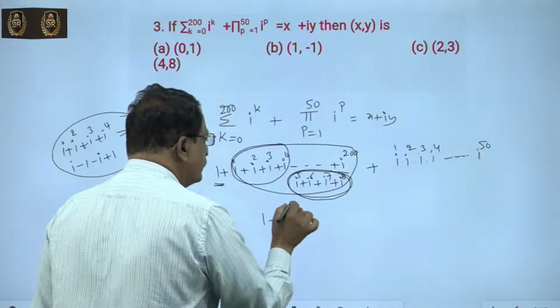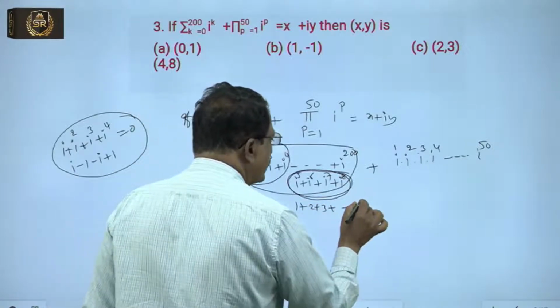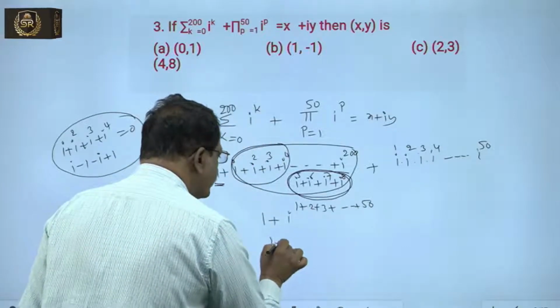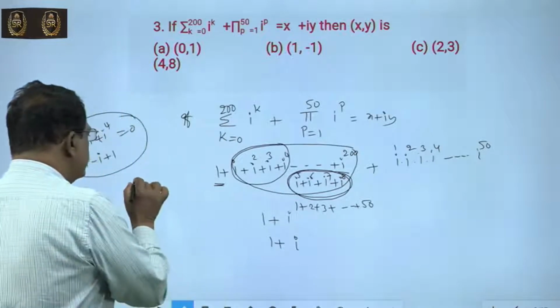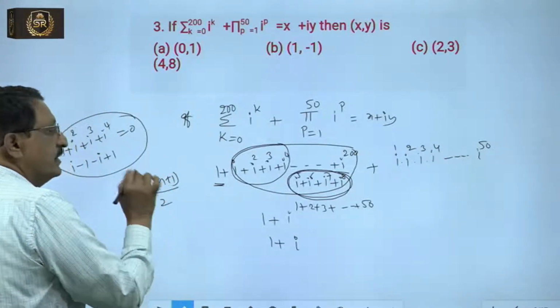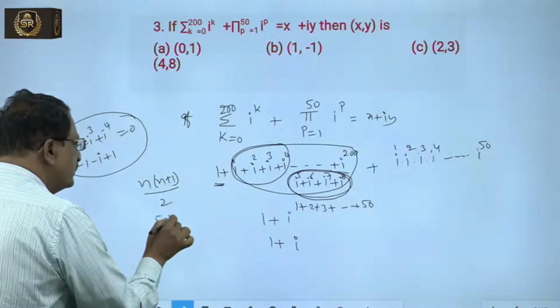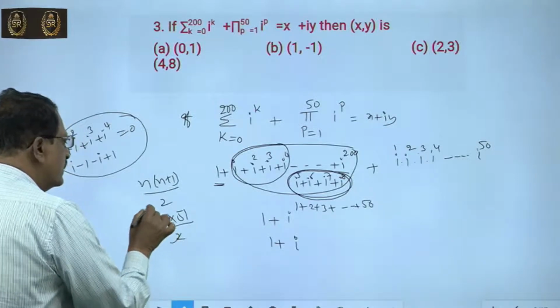That equals i to the power of 1 plus 2 plus 3 plus so on up to 50. Now the sum of the first n natural numbers equals n into n plus 1 by 2. Here n equals 50, so 50 into 51 by 2, that equals 25 into 51.